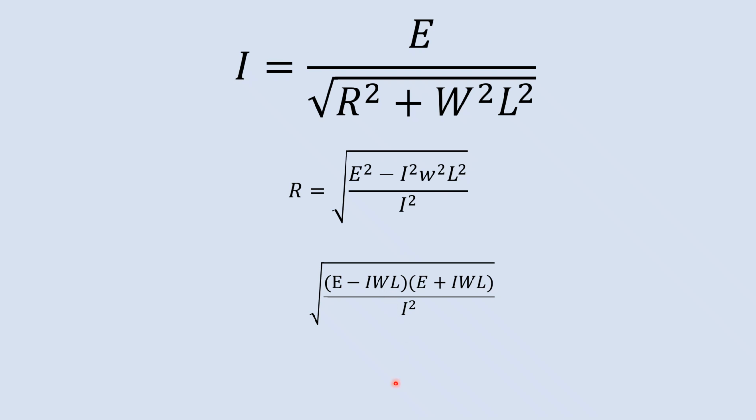This is no longer simplifiable, so our final answer becomes E minus IWL, bracket E plus IWL, over I, because the square root of I squared is equal to I.